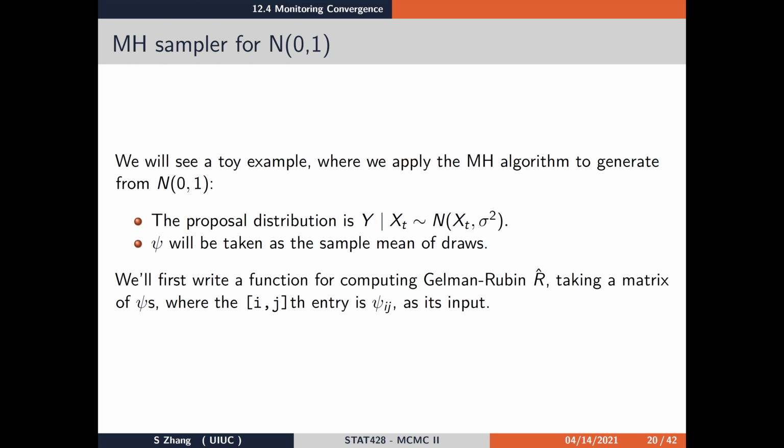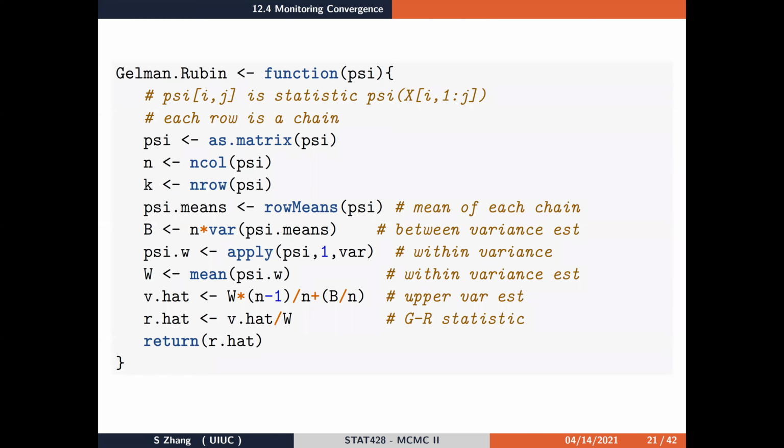To calculate r hat, we will write a function for computing it. This function is called Gelman-Rubin. It takes psi as the input and outputs the r hat. Psi is a matrix with a total of k rows, where K is the number of chains, and n columns, where n is the number of MCMC iterations.